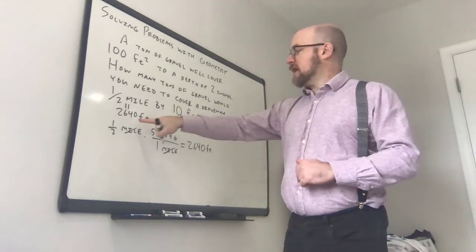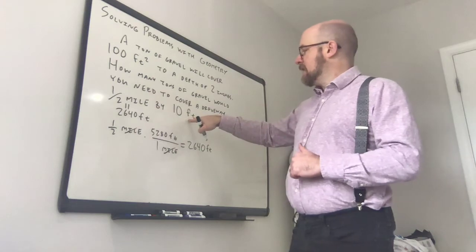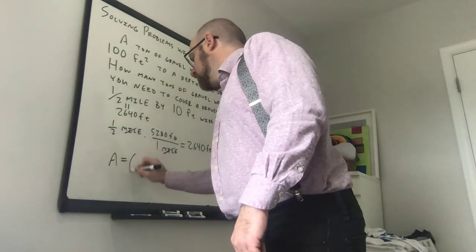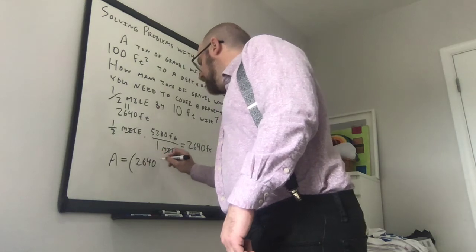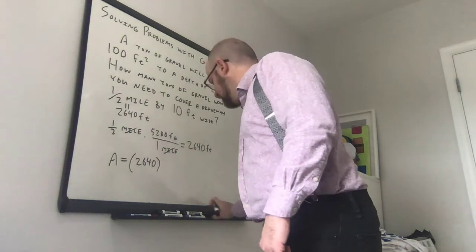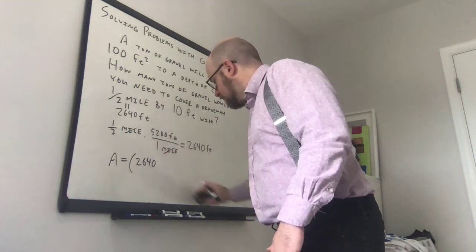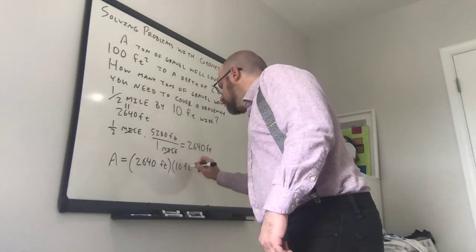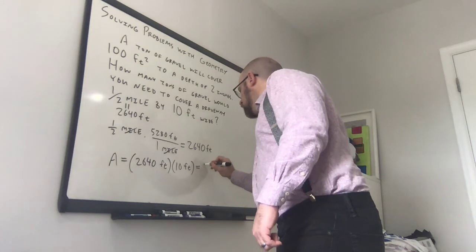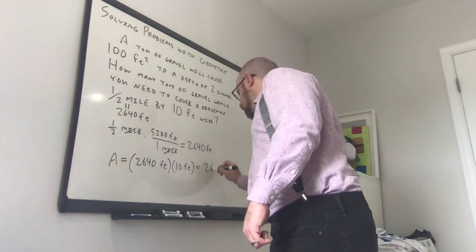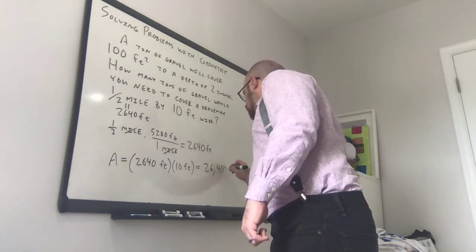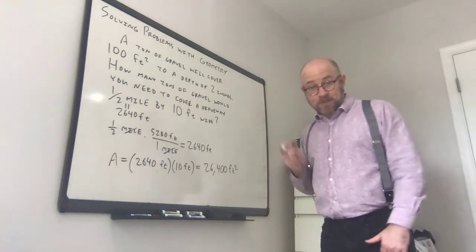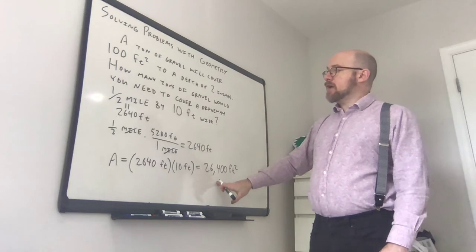And so we've got 2,640 feet by 10 feet. The area of the driveway is going to be 2,640 feet times 10 feet, so 26,400 square feet. Okay, that's the area.